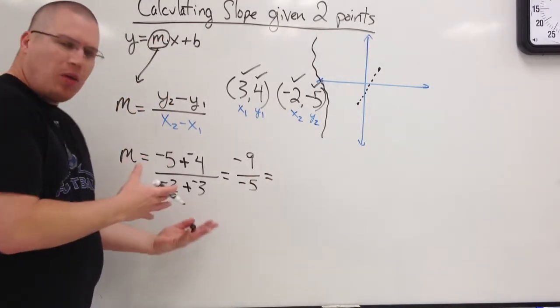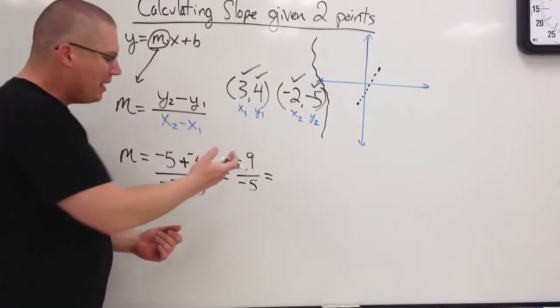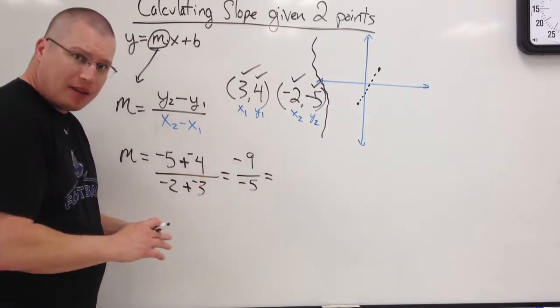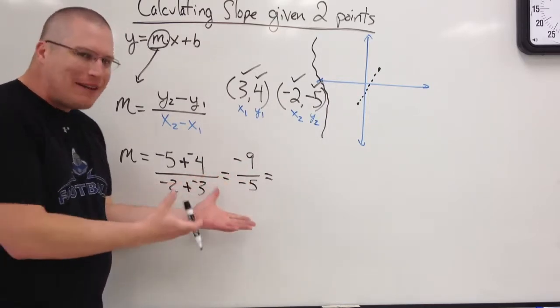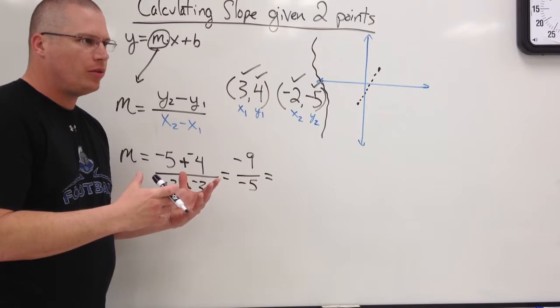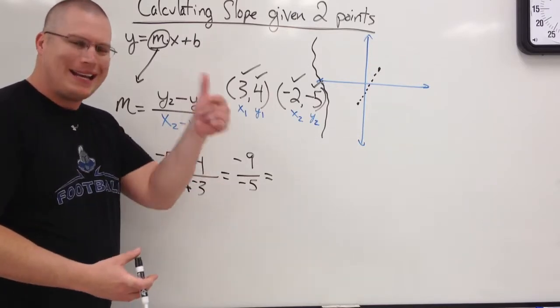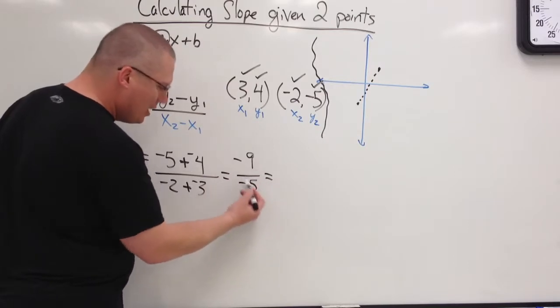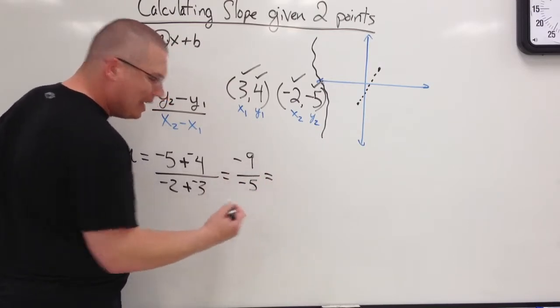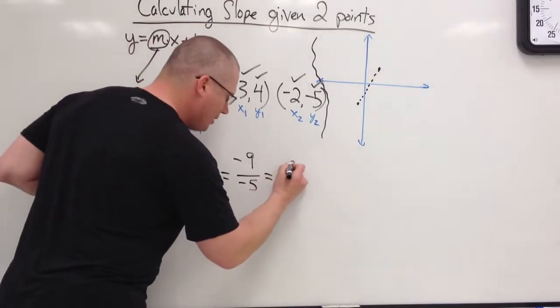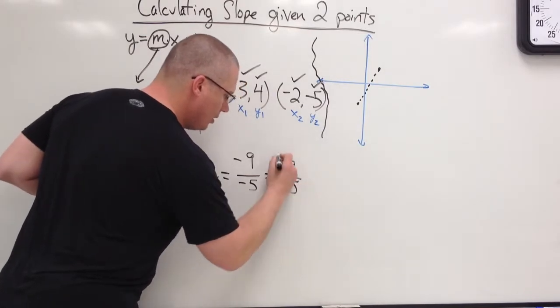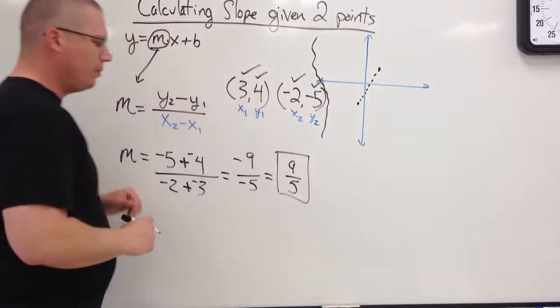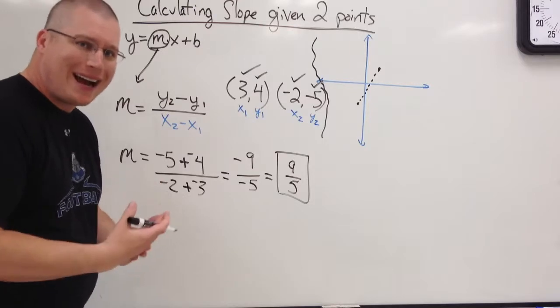Now we have -9 over -5. Some kids leave it like this, but never will you see a fraction written a negative number over a negative number. This technically is division. A negative divided by a negative is a positive. So my slope is 9 over 5.